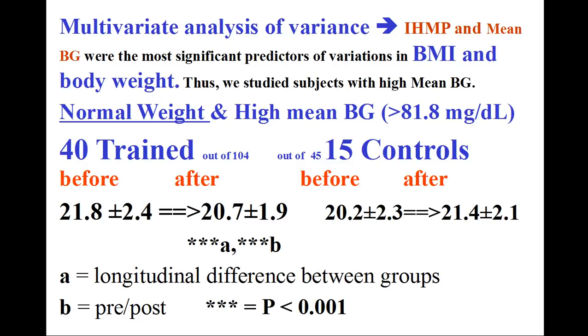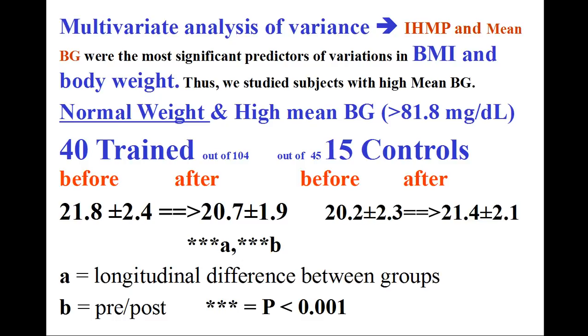Multivariate analysis of variance showed that training, IHMP, and mean BG were the most significant predictors of final decreases in BMI and in body weight.